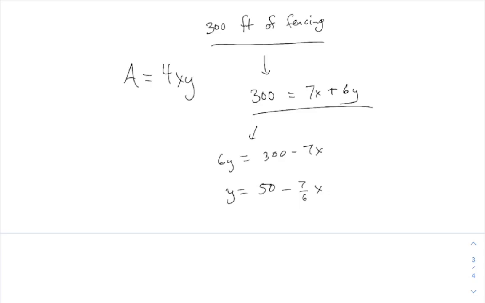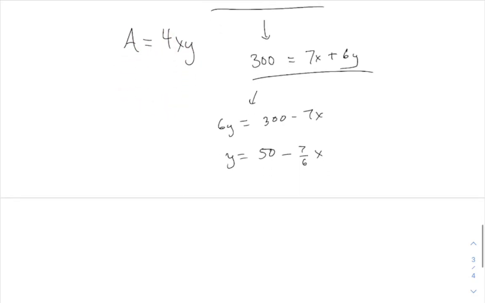So plug this into the area formula over here, and it'll say A of x this time is 4x times y, which is 50 minus 7 over 6x, like that. And as usual, I'm going to distribute that to make the next step, the derivative part, easier.